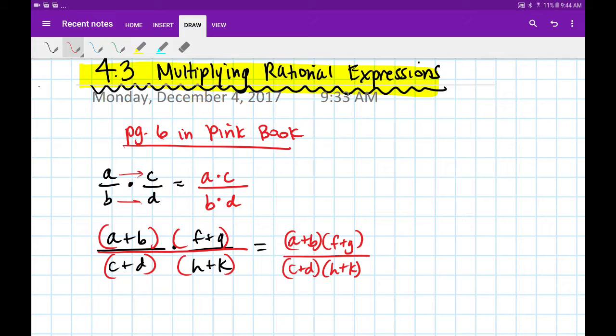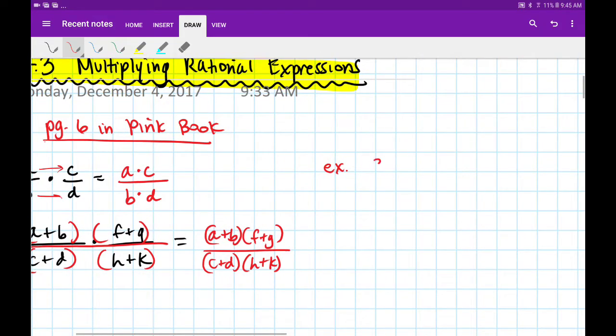So, for example, if I had like a 3x over x minus 5 times, I'm just making this up, x squared minus 25 all over 9. Then, instead of rewriting it all, here's my little trick for you.